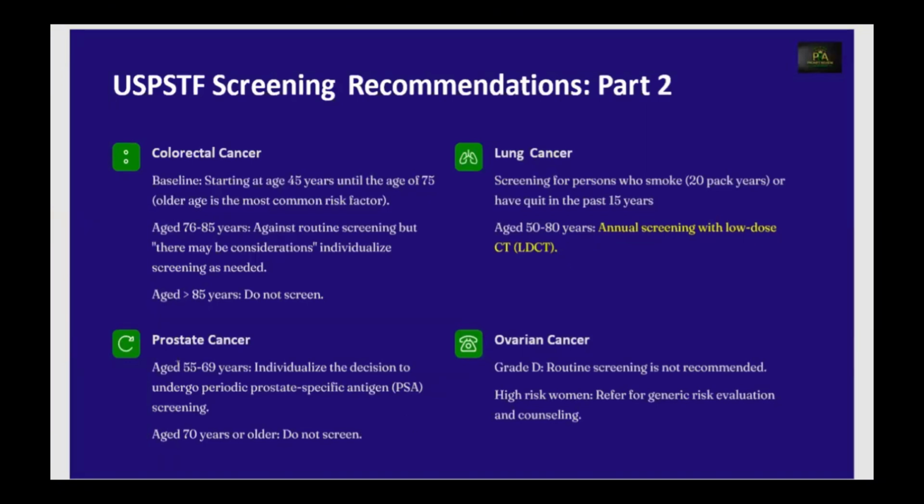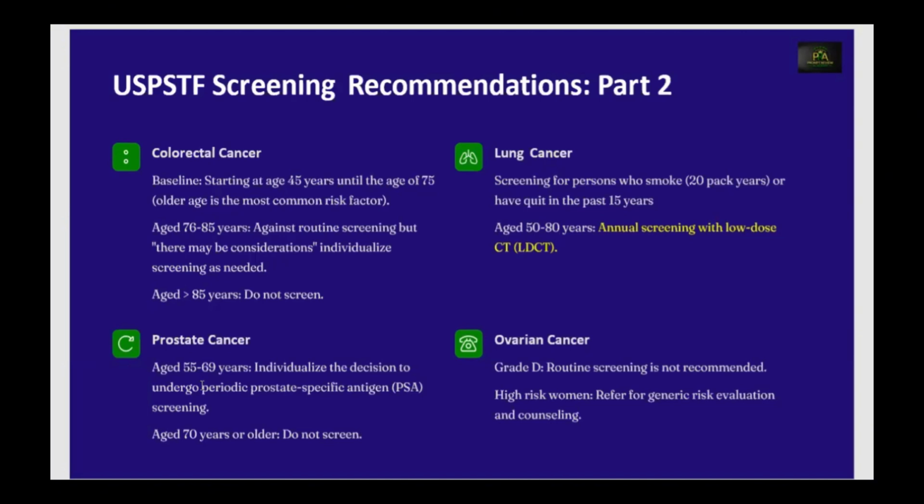Then prostate cancer, we have a guideline for prostate cancer. If you remember men's health, we say that they have average risk and high risk. So people that are African American or have a family member with prostate cancer, African American family history, they need to start as early as 40 years.